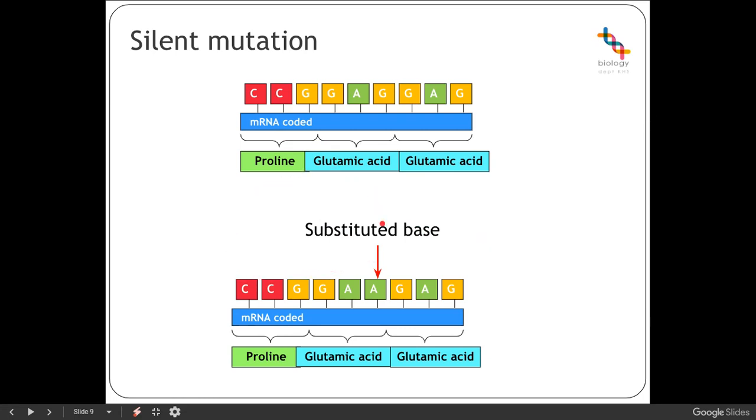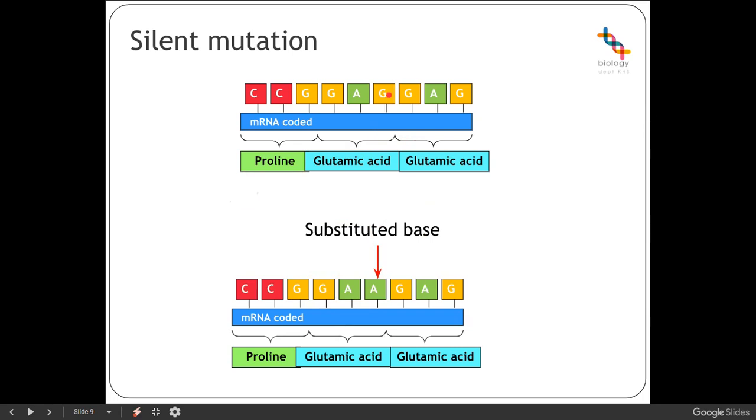So in this case, we might see a silent mutation. If we look at our original DNA molecule, we've got our CCG, which is the same as it is down here, CCG, and that is going to code from our mRNA to proline and proline, so that's fine. If we look at this one, we've got GAG, however in our mutated version we have GAA, but actually as it turns out they both code for glutamic acid, so there is no actual observed change to this mutation.